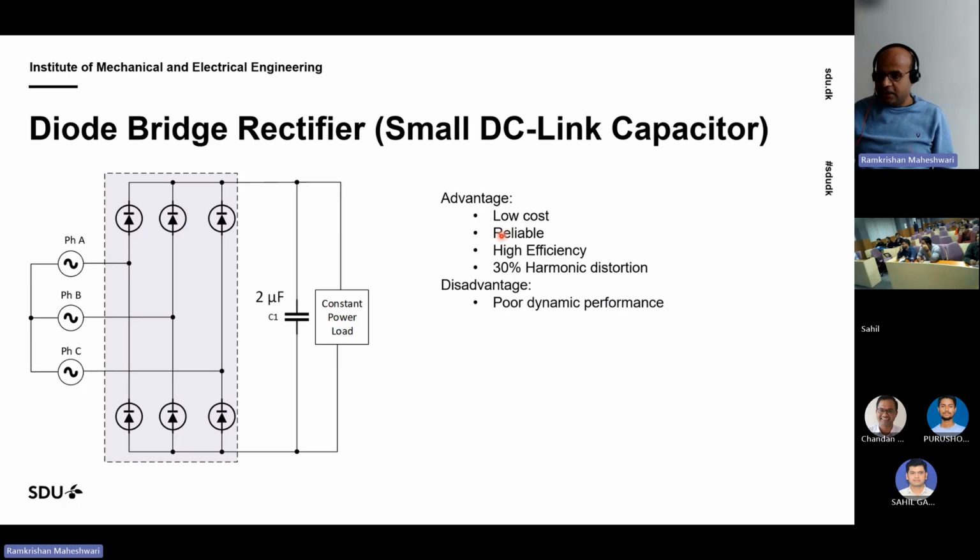Another advantage is that cost is reduced because we have reduced the size of capacitance. If we reduce the size of capacitance, then we can use film capacitor instead of electrolytic capacitor. And if we use film capacitor, then the system becomes more reliable.